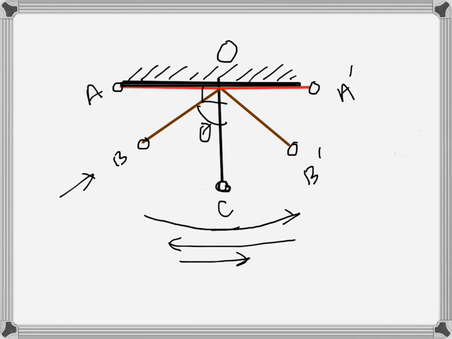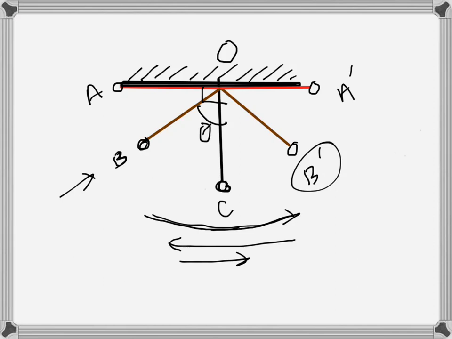Now, it can be taken to B prime as well, in any direction, and it works as a simple pendulum. When it is at position B and it is held there, it gains potential energy, and when it's released the potential energy is converted into kinetic energy, and that's why it keeps moving in this direction.